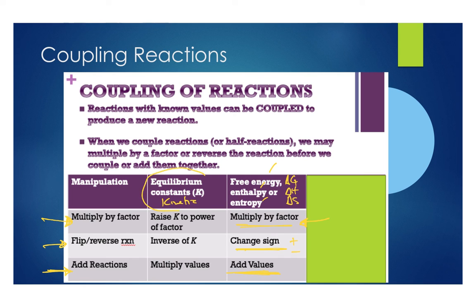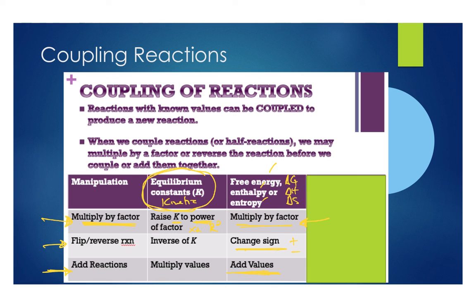Remembering back a unit ago when we dealt with equilibrium constants, or K: if we multiply a reaction by a factor, we raise the equilibrium constant to that factor. So multiplying by 2 would give us a K that is squared.